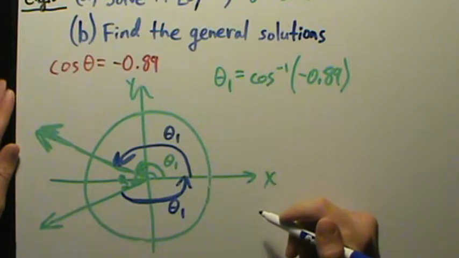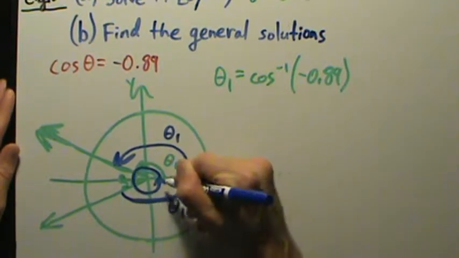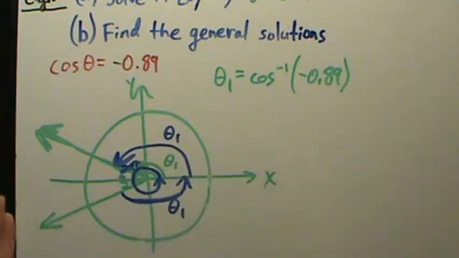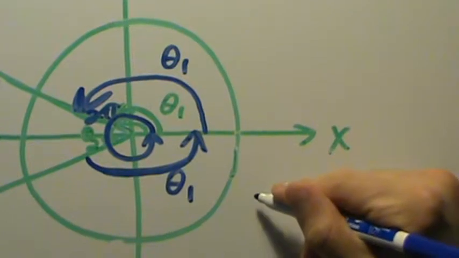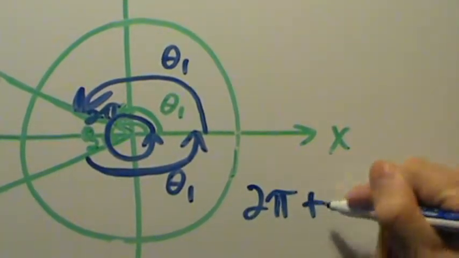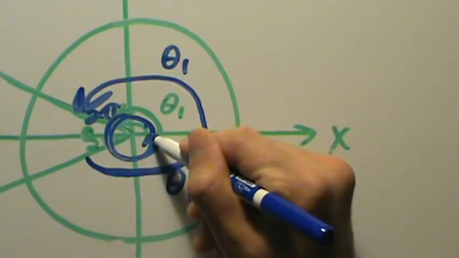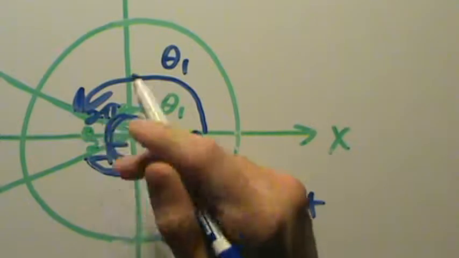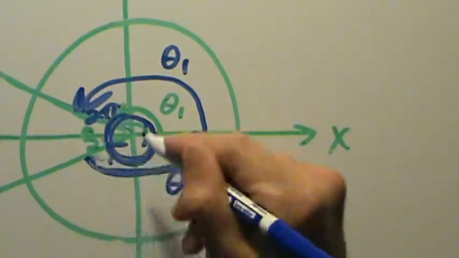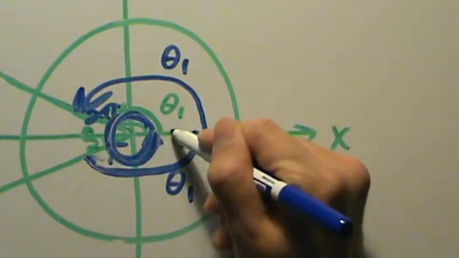So what we're going to do then is go all the way around the circle. That's 2 pi. Let's zoom in a bit. So we go around 2 pi, and then let's go back along this angle theta 1 in the opposite direction.